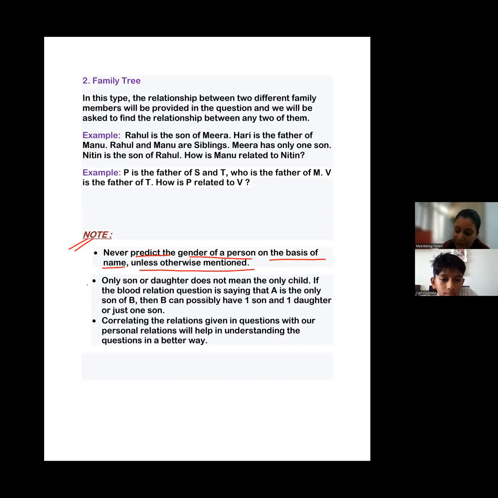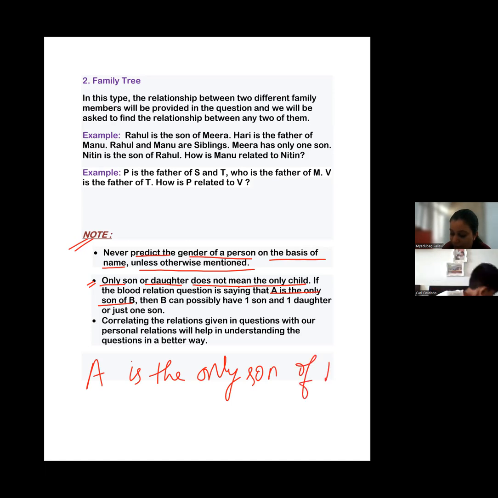And second point, if it is said in the question only son or only daughter, it does not mean the only child. Let's see this example: A is the only son of B. That does not mean that B has only one child.